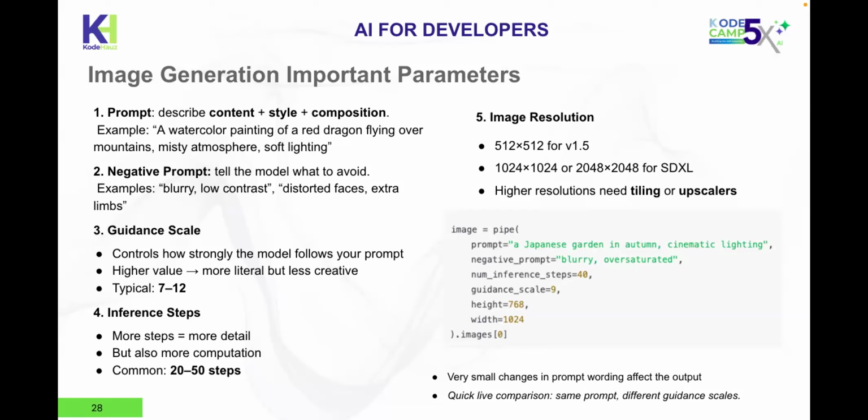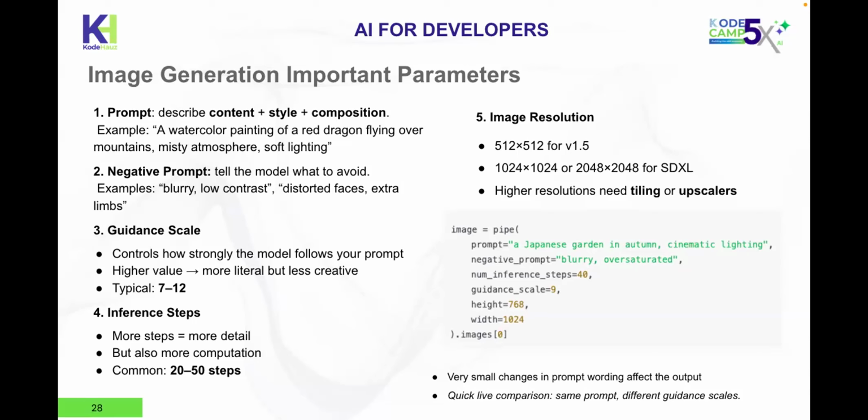Then you add compositional elements: misty atmosphere, that's a compositional element; soft lighting, that's a compositional element. When you add all of this together, you have a prompt that is really good and will give you a good outcome. So that's one.